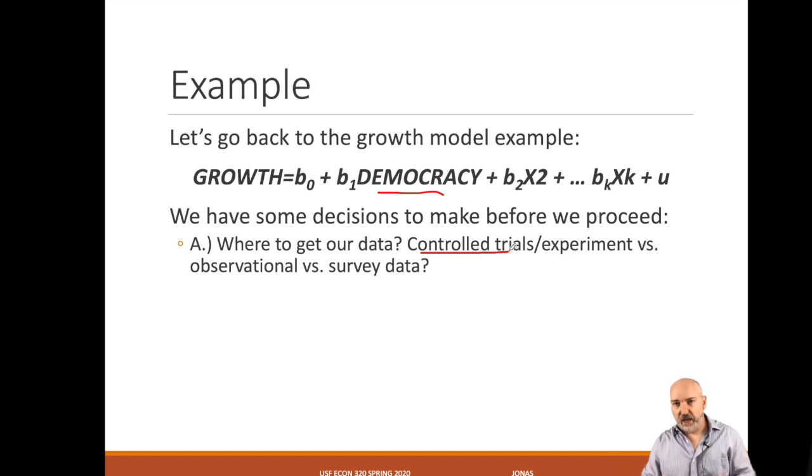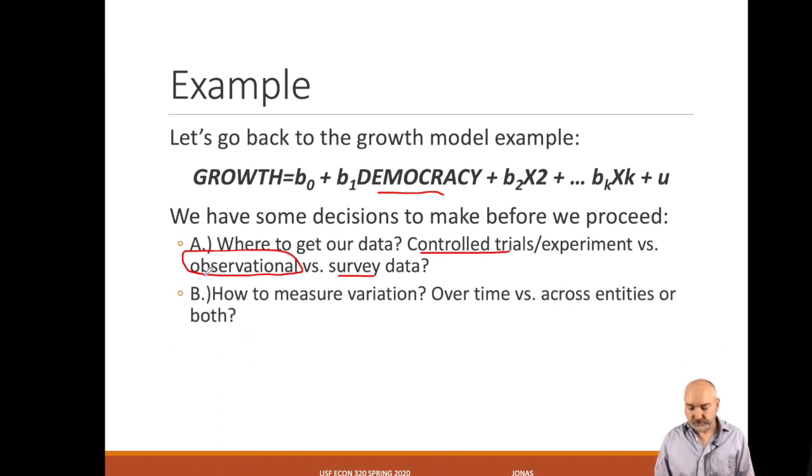And then we'll see how that affects growth. Well, you'd have to get a lot of people on board to engage in that experiment. So that's obviously not going to be possible. And likewise, survey data probably doesn't make a lot of sense. You're not going to call up people and say, hey, do you live in a democracy? Yes or no. So it's probably going to be an observational data set, right? That's the most likely in this case.